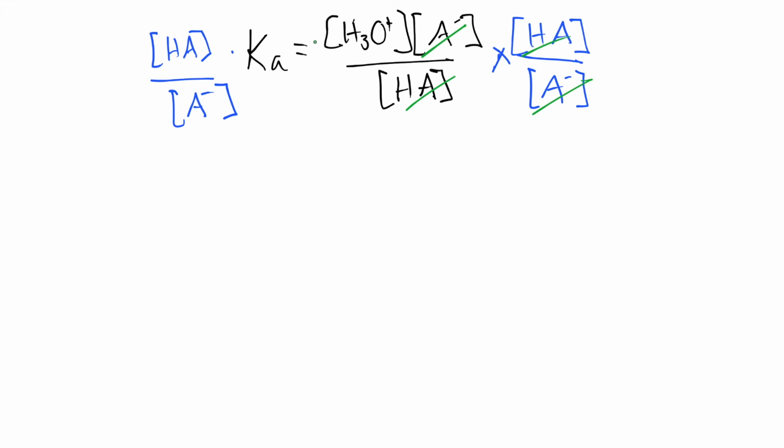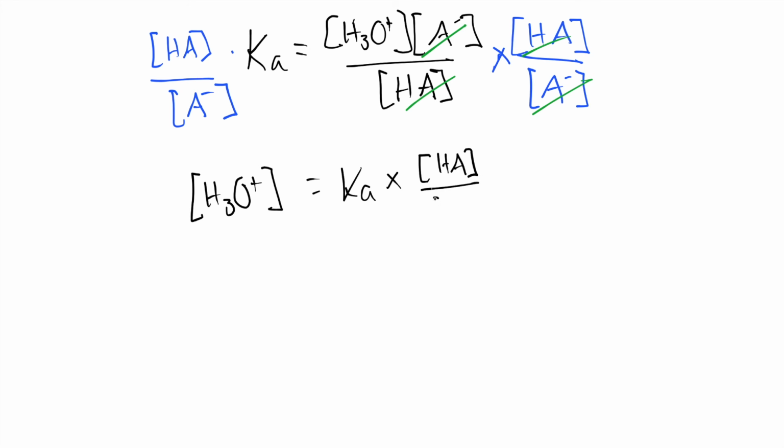I'm just going to write this on the left side now. So now we have the hydronium ion is equal to the Ka times the concentration of the acid over the concentration of the base.